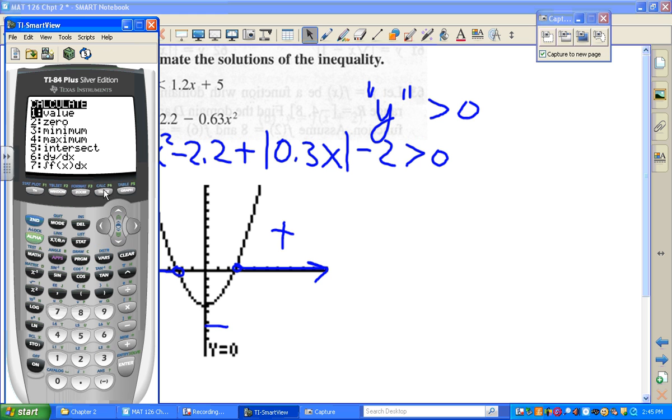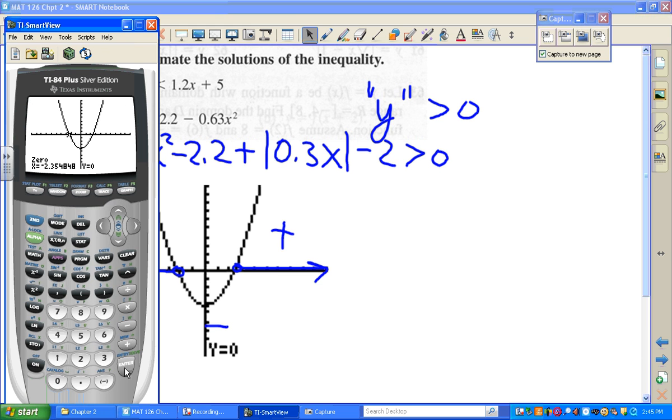I'm going to go 0. It wants me to give an x value to the left of where it's crossing the axis. If I'm looking for the one that's negative, I'll go from negative 8 on the left to 0 on the right. I'm just typing in the numbers. And then my guess is negative 4.